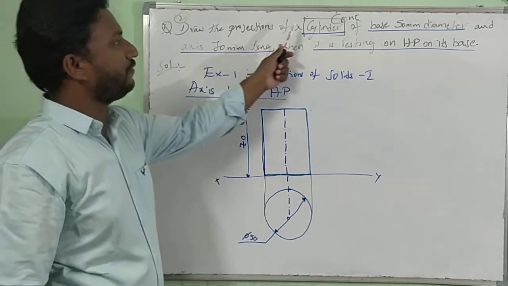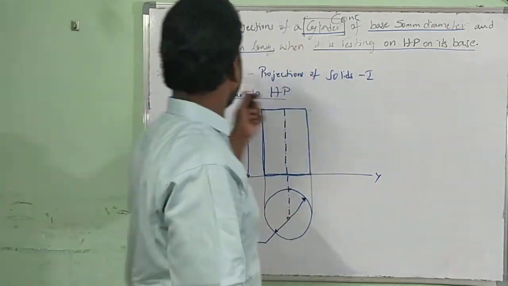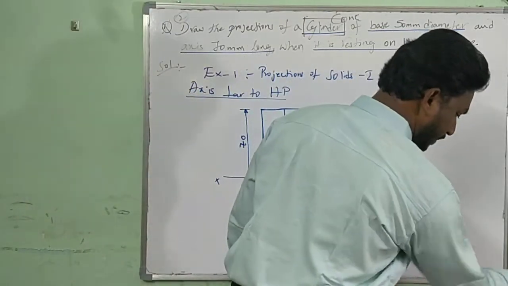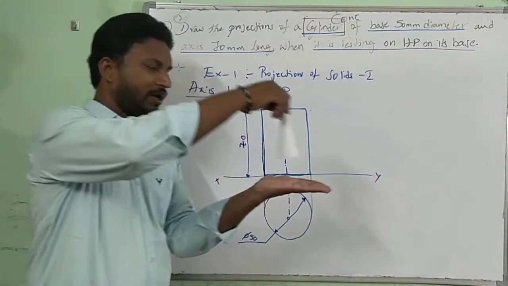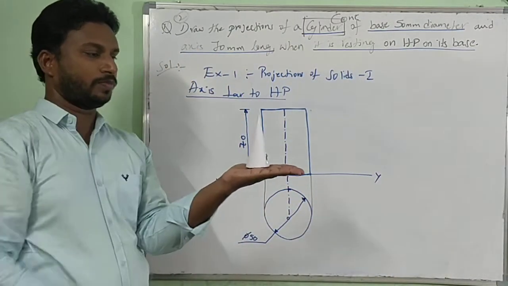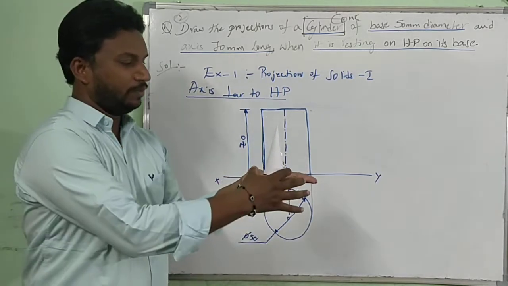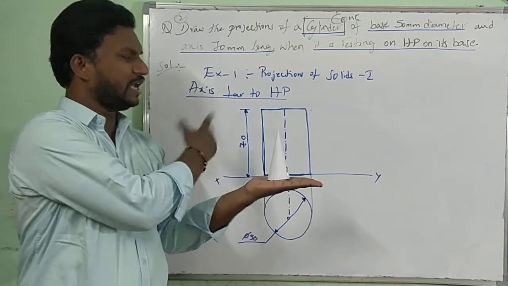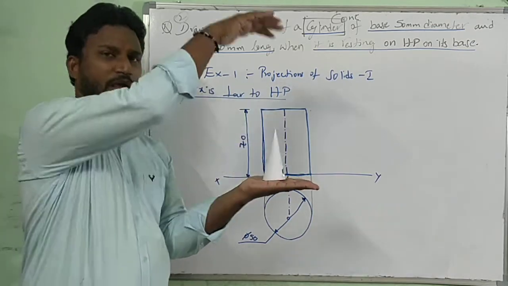Draw the projections of a cone of base 50 mm diameter and axis 70 mm long when it is resting on HP on its base. Cone, same as the cylinder. You have to draw its projections. Base diameter is 50 mm, height is 70 mm. Same problem, but we have to draw the projections, meaning front view and top view.